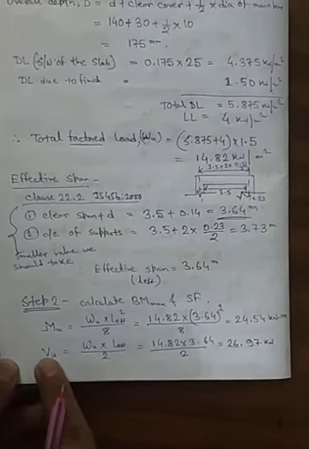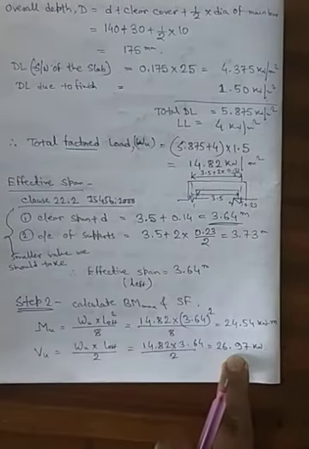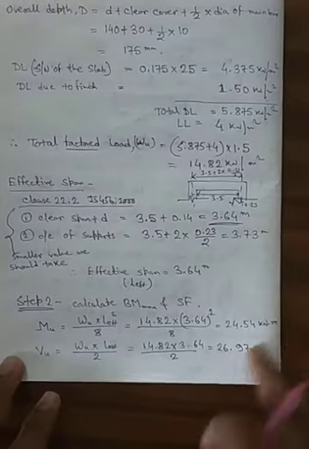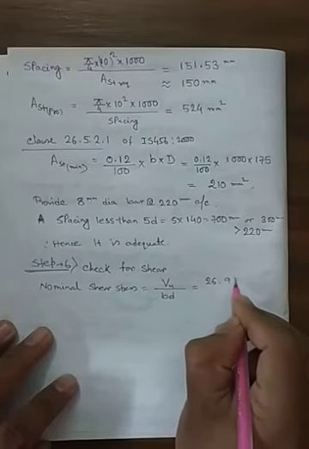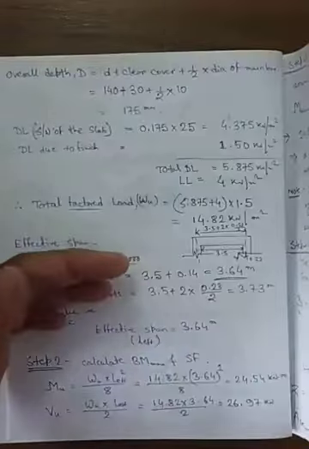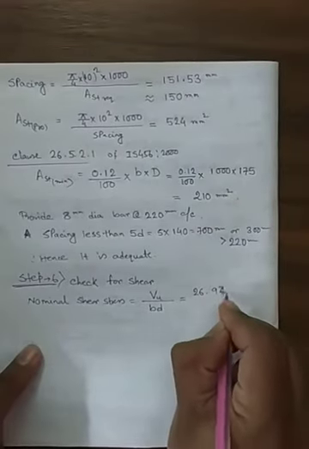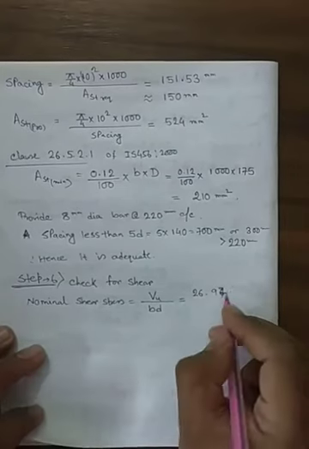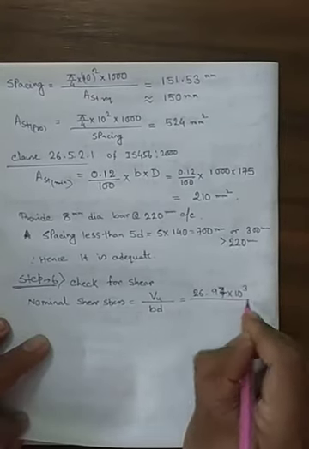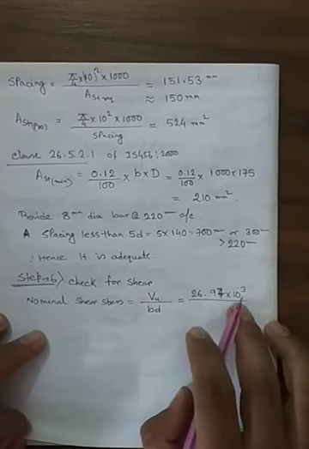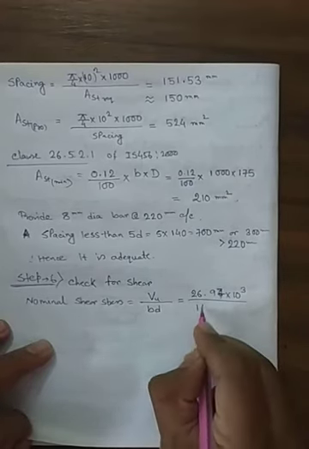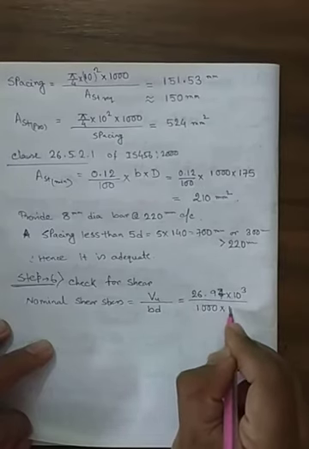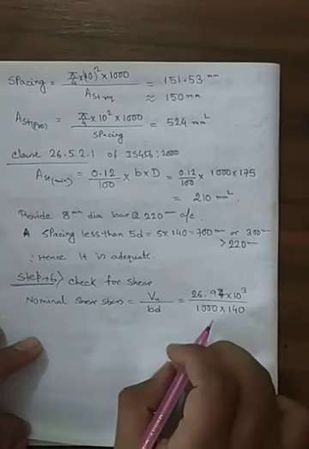This one is our shear force value, that is 26.97 kilonewton. So 26.97 into 10 to the power 3, we transform kilonewton to Newton, multiplied by 10 to the power 3, divided by 1000 into 140, because our B value is 1000 and our D value is 140.